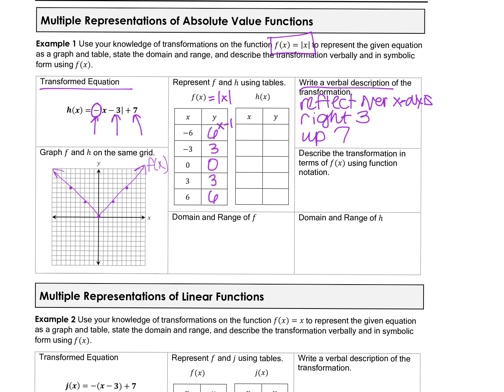So I'm going to put multiply by -1. And then remember the inside piece, we're doing the opposite, so we're going to add 3 to our x's. And then the +7 on the outside, we adjust our y, so we're going to be adding 7 after we multiply.